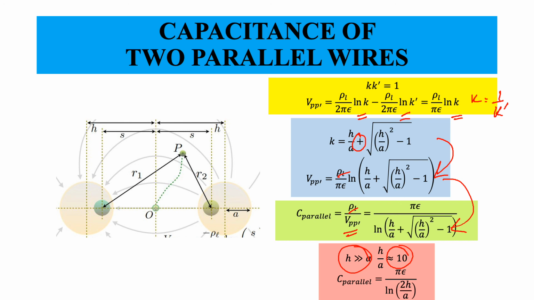Because this is larger than this, so we can ignore this. The square and square root get cancelled, so it is 2H by A. So capacitance per unit length can be approximately written as pi epsilon divided by log 2H by A. So that's how we calculate capacitance for two parallel lines.